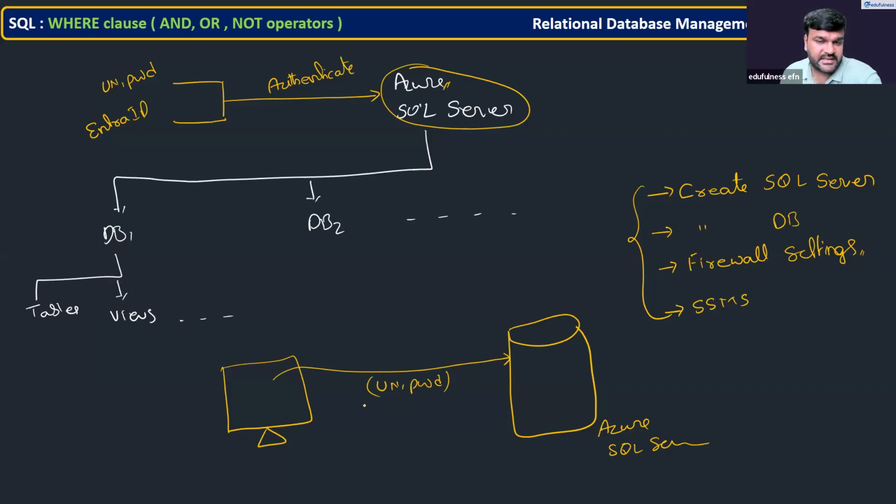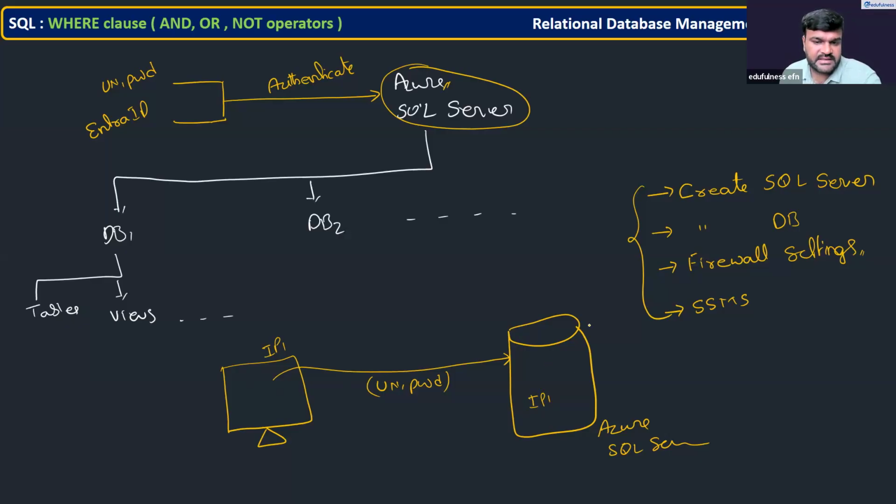So that is not enough to access the database. You need your IP address also. That IP address should be listed inside the access list of the SQL Server. So inside the SQL Server, the device IP address, or simply the network IP address, should be listed.